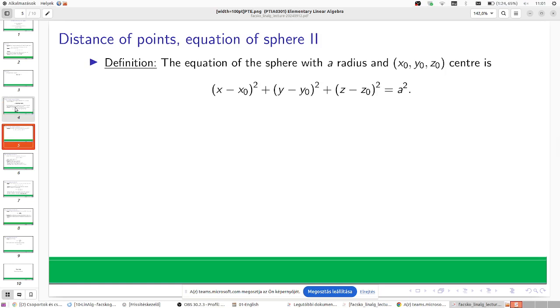This is very familiar. This is the equation of a sphere with a radius a, and the center is x0, y0, z0.